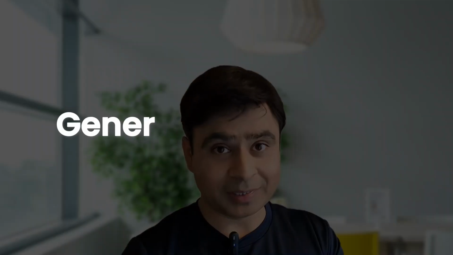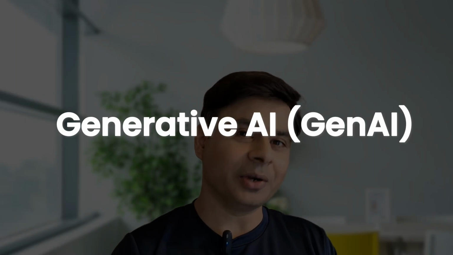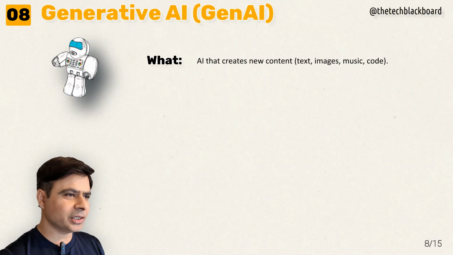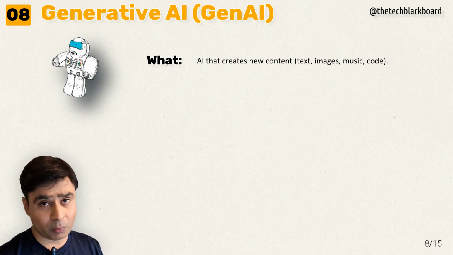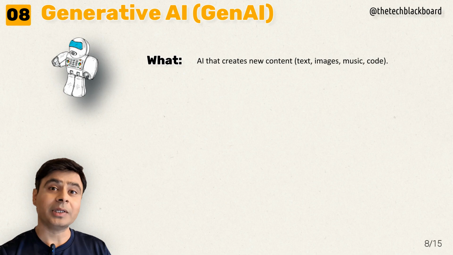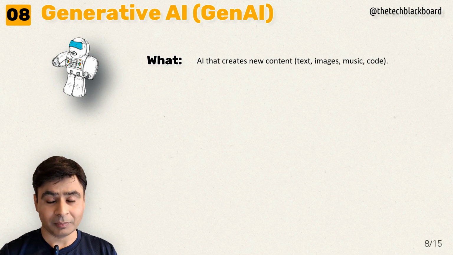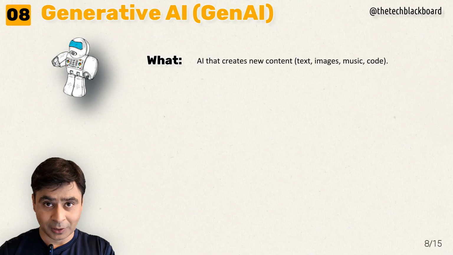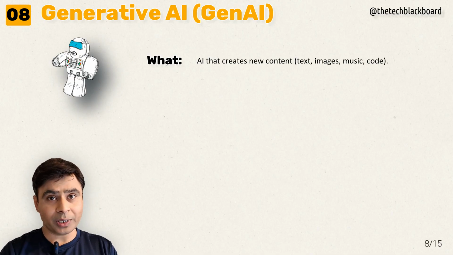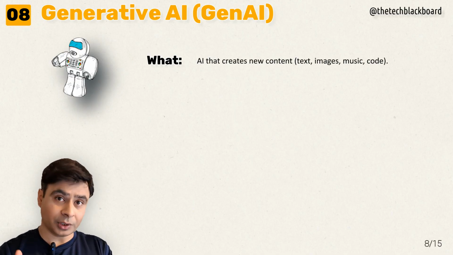And that brings us to a very important and probably the most common term that you are hearing these days, and that is generative AI. So what exactly is generative AI? In very simple words, AI that can create something. Yes, Gen AI is generative AI. Any AI that is able to create or generate something is generative AI.